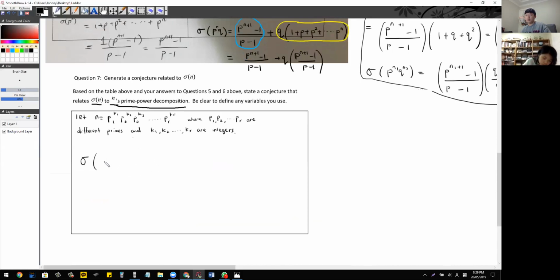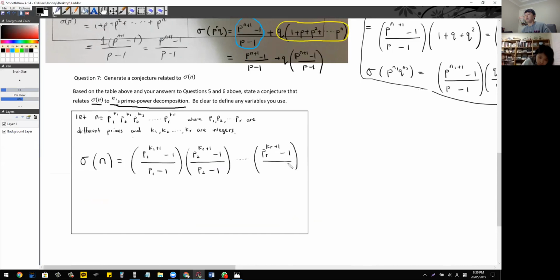Then sigma of n is going to equal P1^(K1+1) minus 1 over P1 minus 1, not P1 minus 1, times P2^(K2+1) minus 1 over P2 minus 1, all the way up, keep timesing it, to PR^(KR+1) minus 1 over PR minus 1.